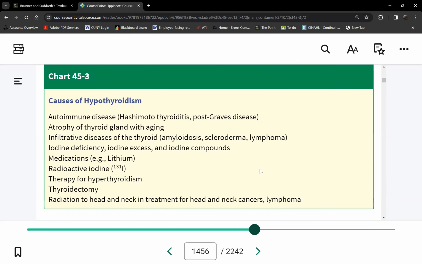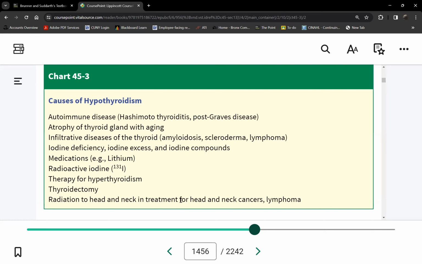So here again is the summary of your causes, chart 45-3. So they belong to either primary, secondary, or a pituitary problem leading to hypothyroidism. So the RAI 131 mentioned in this chart, this radioactive iodine 131, is a method of treating hyperthyroidism using radiation.